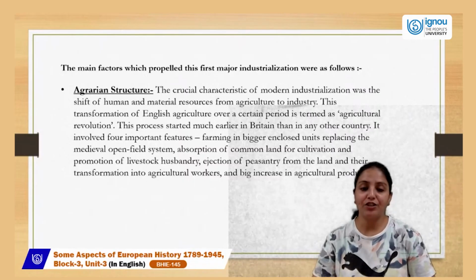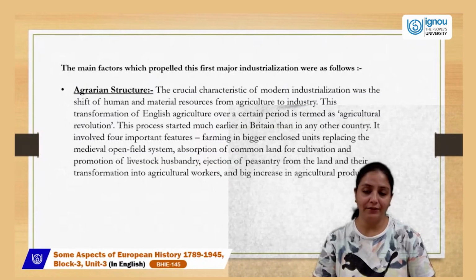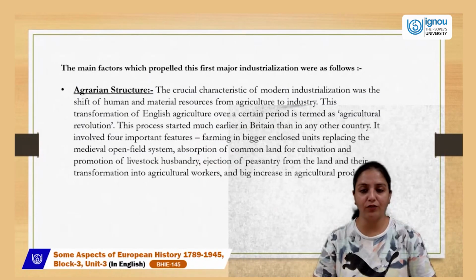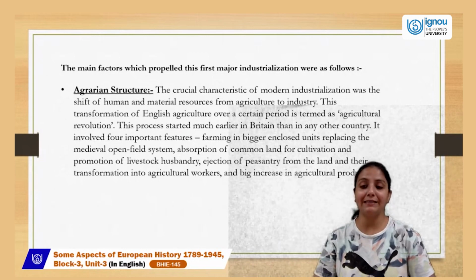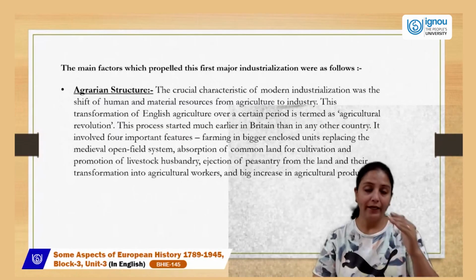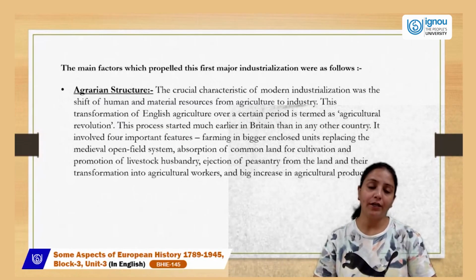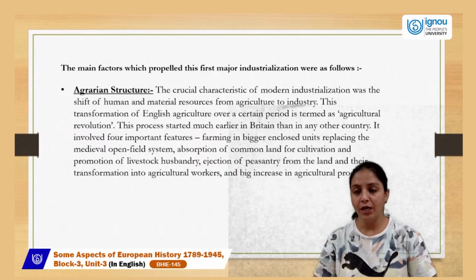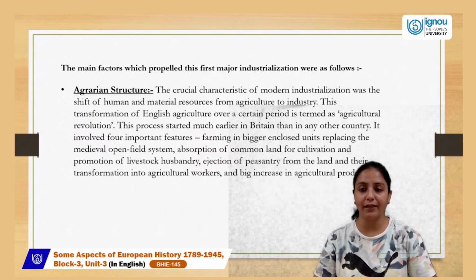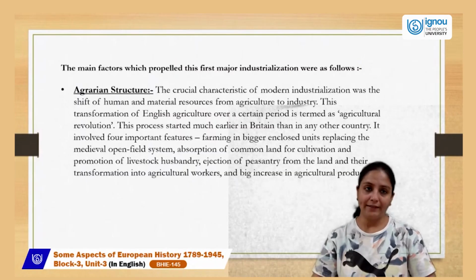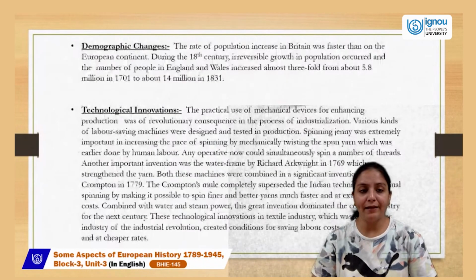Next is ejection of peasantry from the land, their transformation into agricultural workers, and a big increase in agricultural productivity. With the help of many tools and technology, they enhanced their agricultural production at that time.